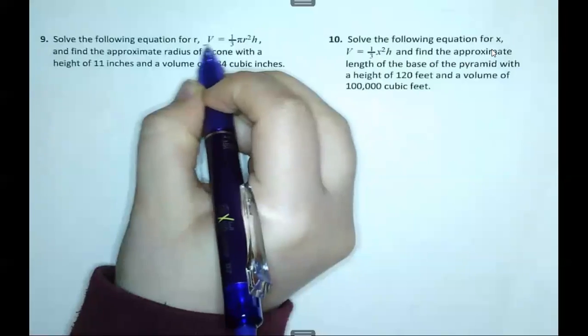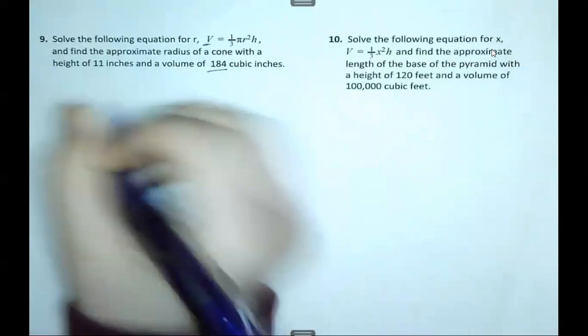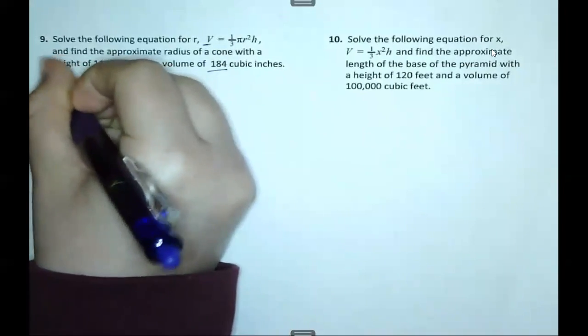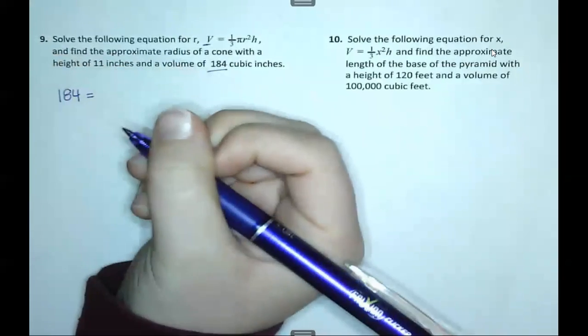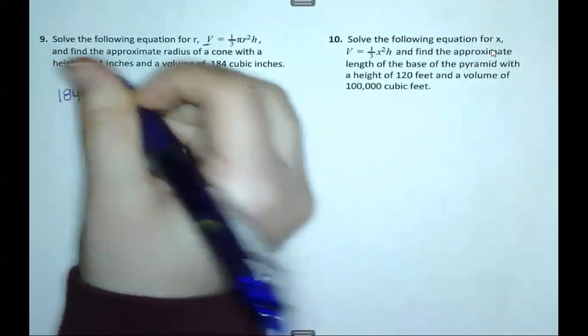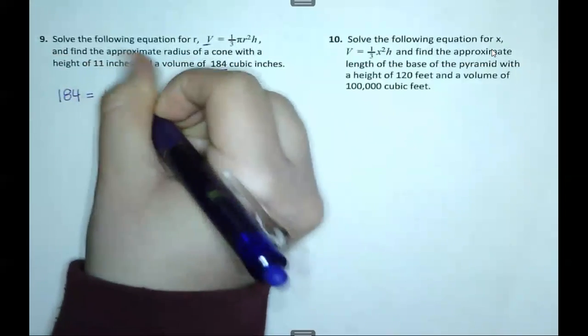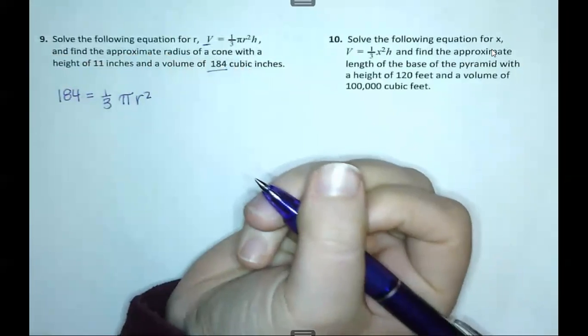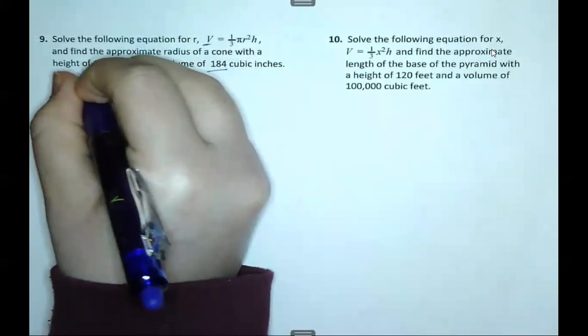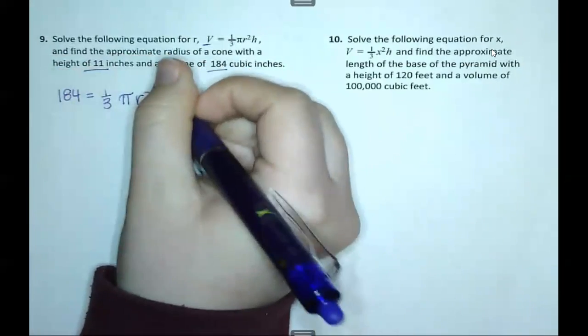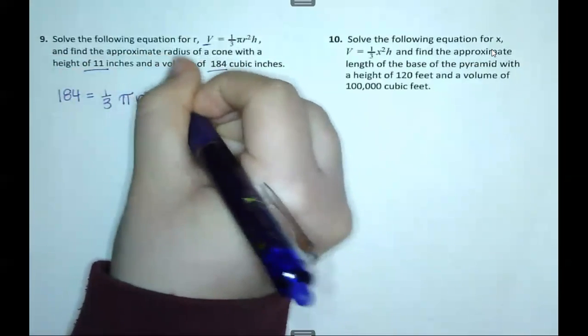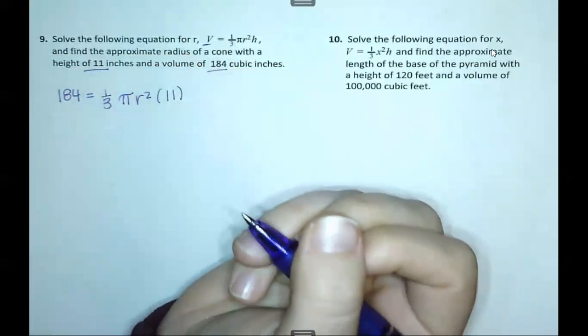So we now know that our volume is 184, so I'm going to replace V with 184. And then we have 1/3 pi r squared. They also told us that the height is 11, so I'm going to replace the h with 11.